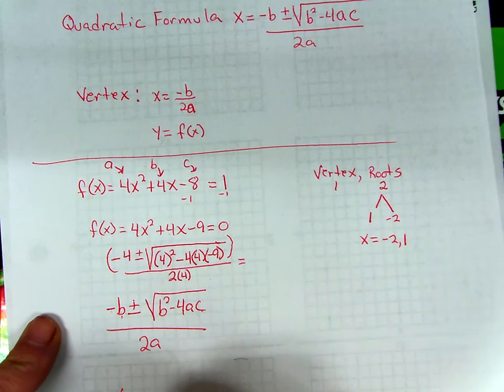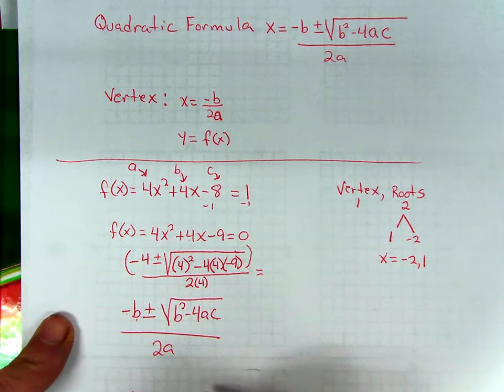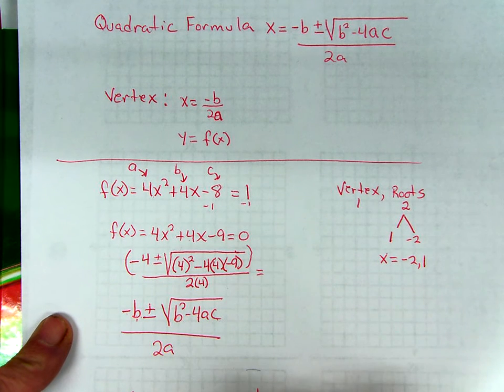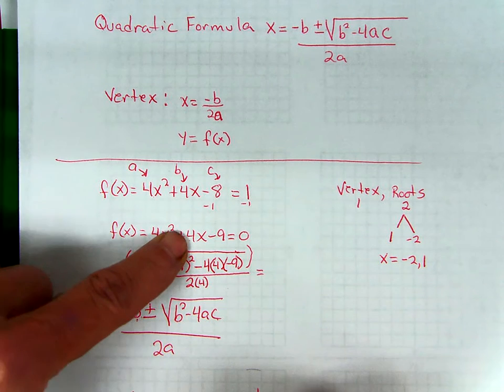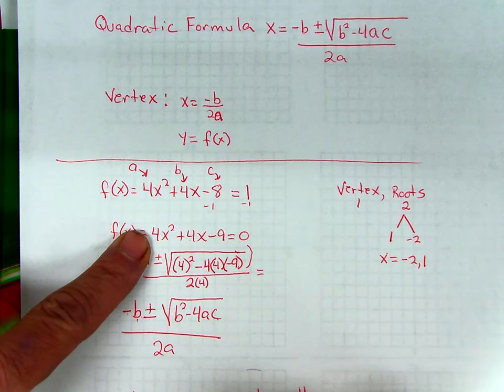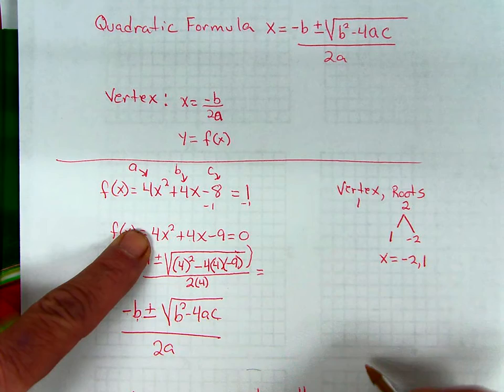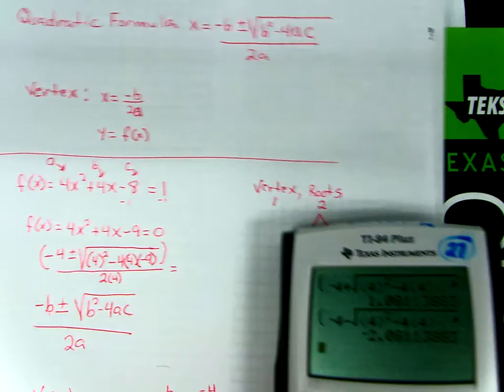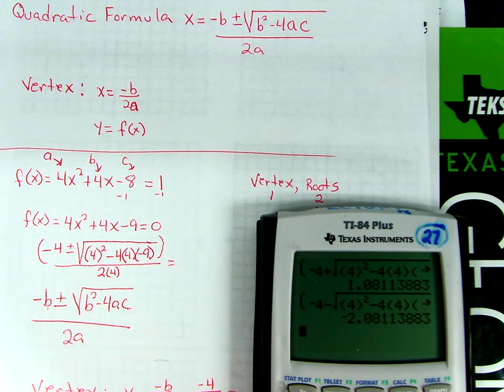The vertex, the x part of it is negative b over 2a. b is 4, so negative 4. A is 4 also, so 2 times 4. In the calculator, negative 4 divided by 2 times 4 is 8.